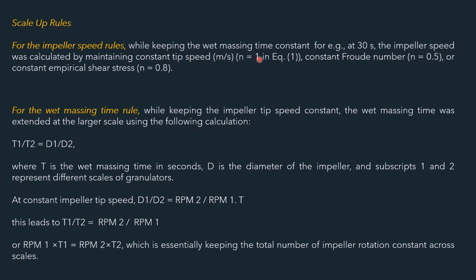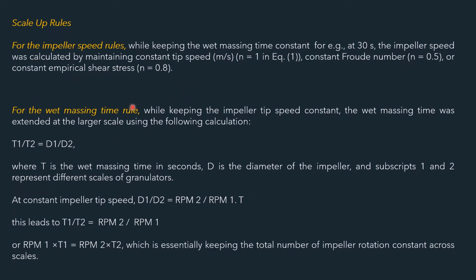Now just these three rules are there. By all three rules, you are calculating the impeller RPM at the higher scale. When you are implementing the constant tip speed rule, then you have to change the kneading time at the higher scale.